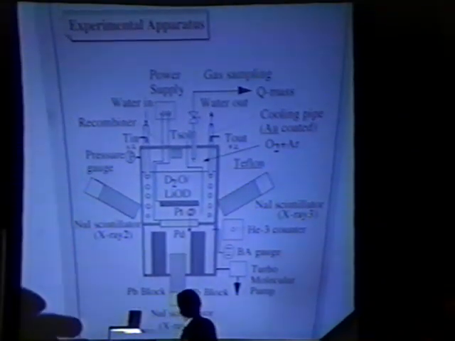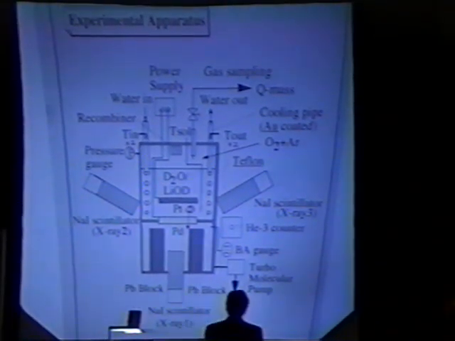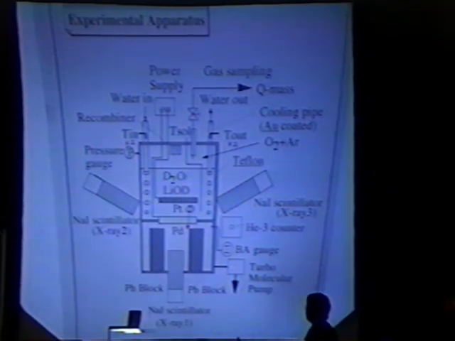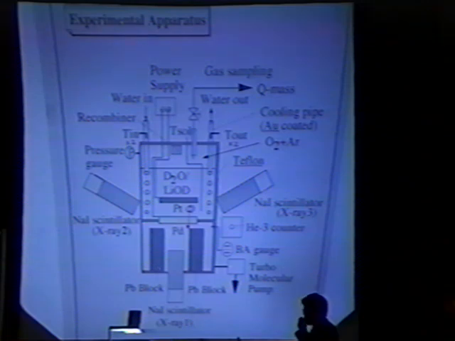And here is a cross-sectional view of the experimental apparatus. A 1 molar D2O-LiOD electrolyte and the vacuum chamber are separated by the palladium cathode or multilayer cathode.